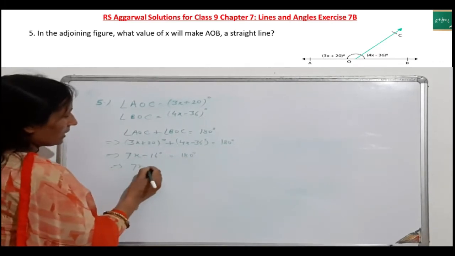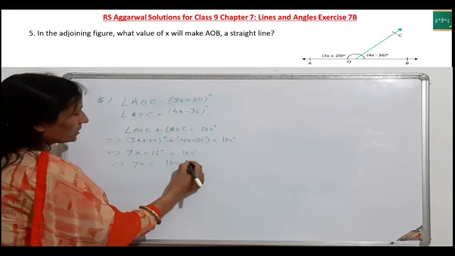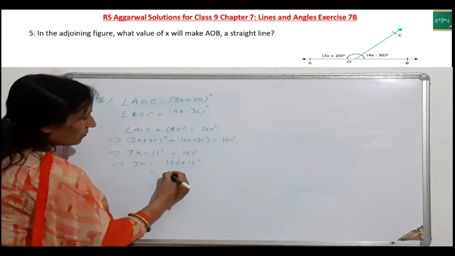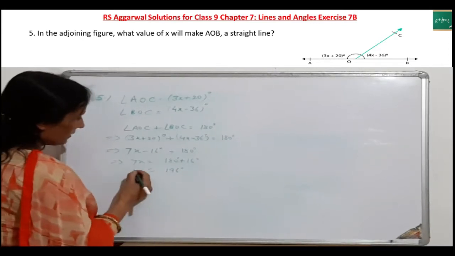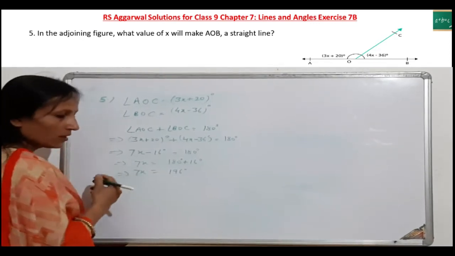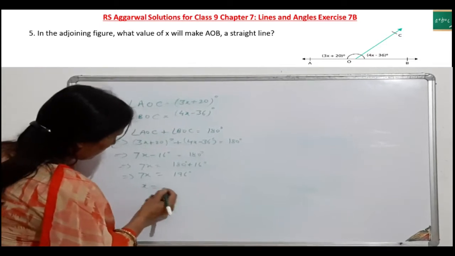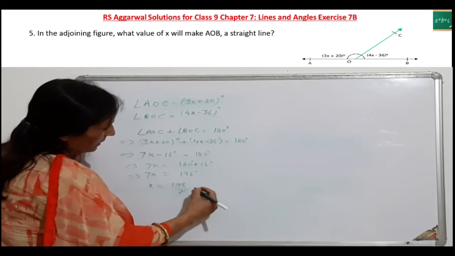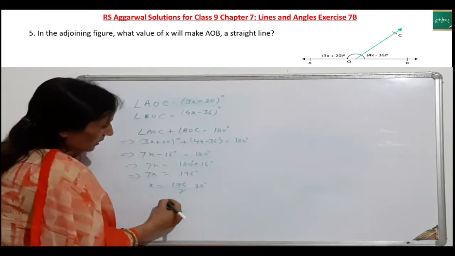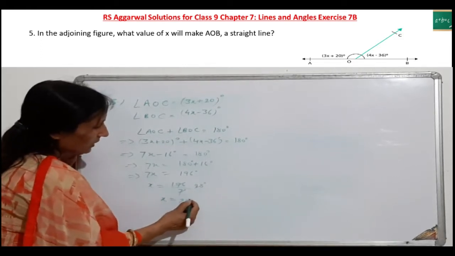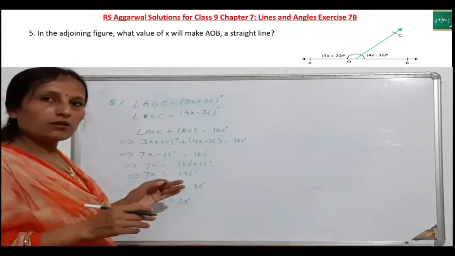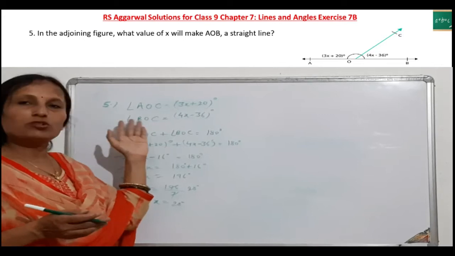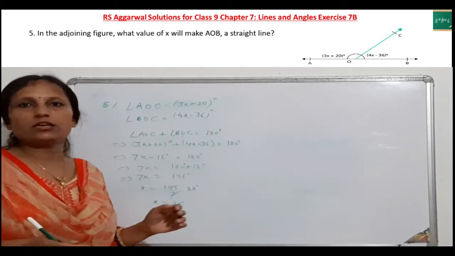Now 7x is equal to 180 plus 16 is equal to 196 degree. Now x is equal to 196 by 7. It will be 28 degree. So x is equal to 28 degree. So for x equal to 28 degree, it will be a straight line. Line AOB will be a straight line.